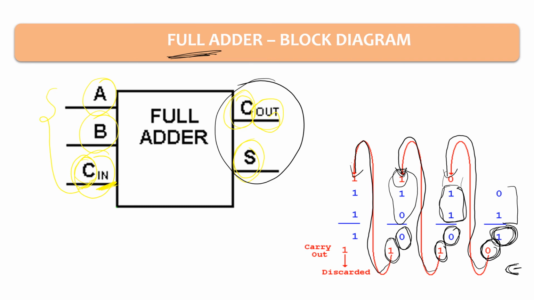So here I got 1 plus 1 plus 1, and yes, we know 1 plus 1 plus 1 always gives 1 as the sum and 1 as the carry. Fine. So this is how you can calculate the addition operation on bits with the full adder. So this is about the full adder and how it works.